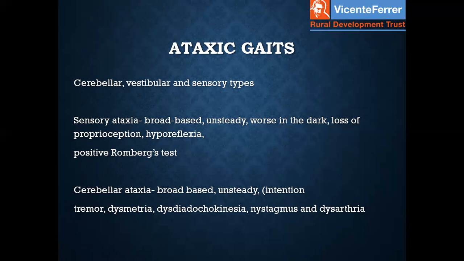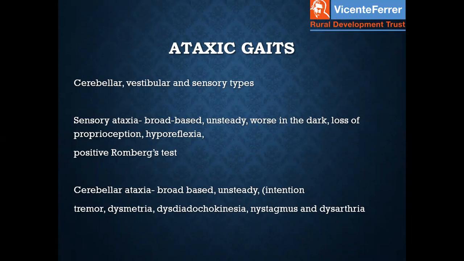That's why the child will have that unsteady gait. And in darkness, as visual cues will be lost, the gait will become even more unsteady, and they will have a positive Romberg's sign.